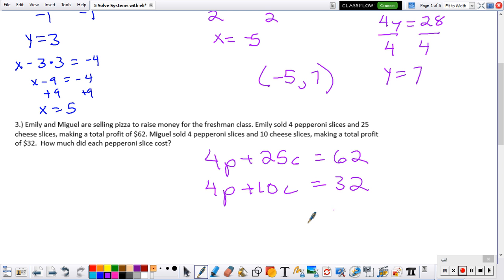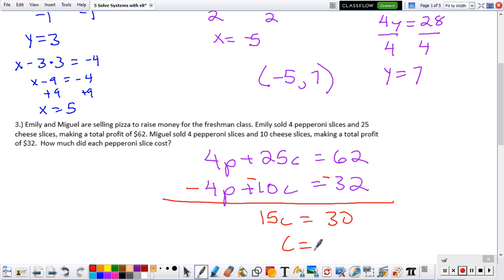So those are the equations. Pepperoni has the same coefficients. I'm going to change all the signs of the second equation because the numbers are smaller and add down. That gives me 15 cheese equals 30. So that tells me that cheese pizza, divided by 15, costs $2.